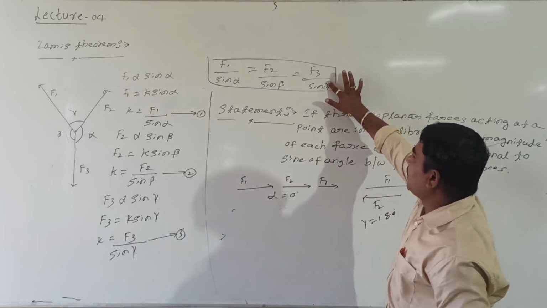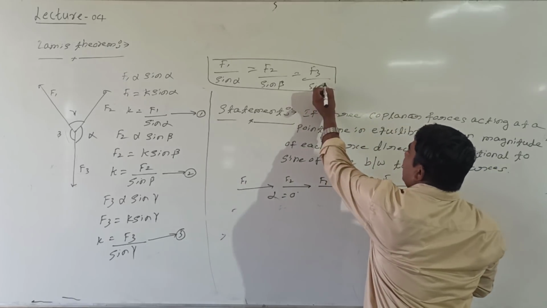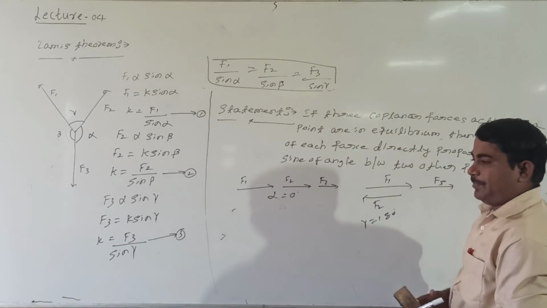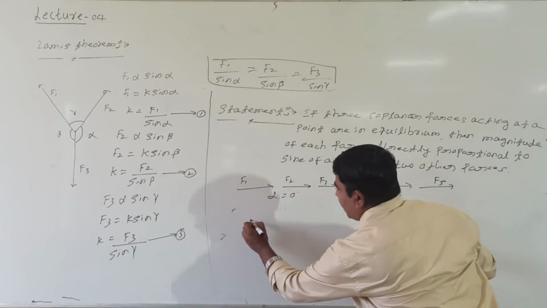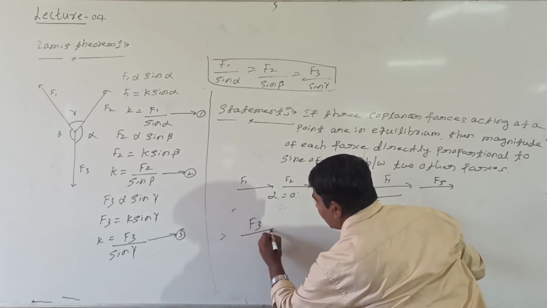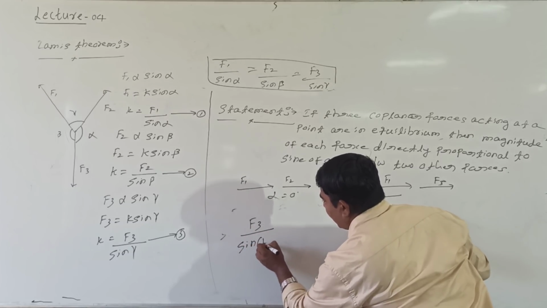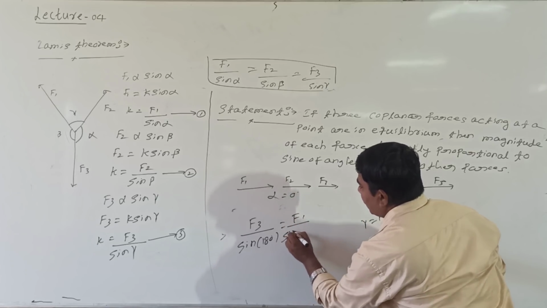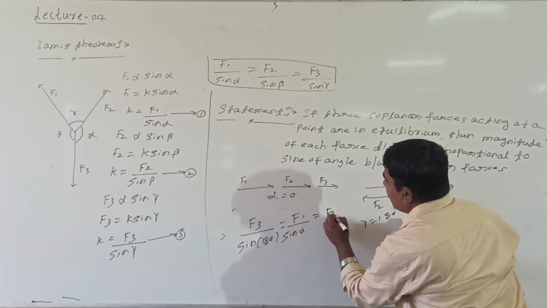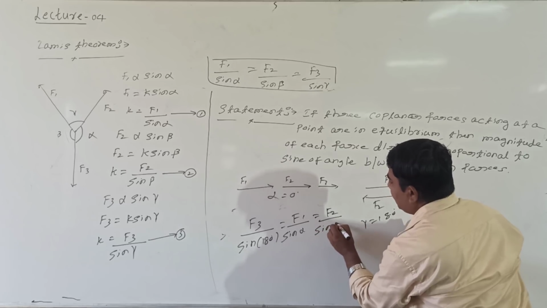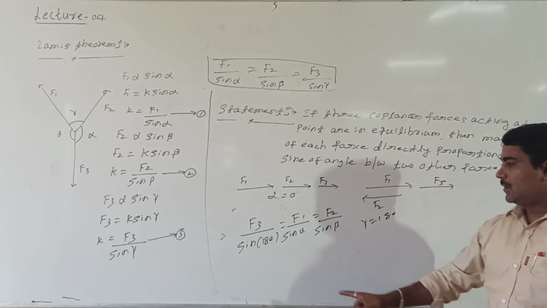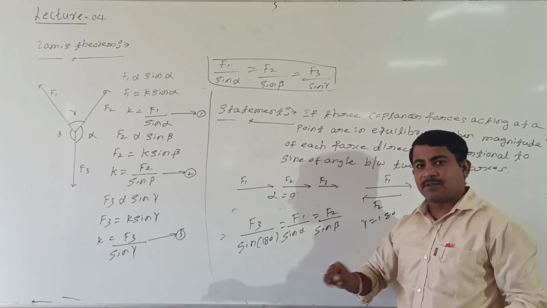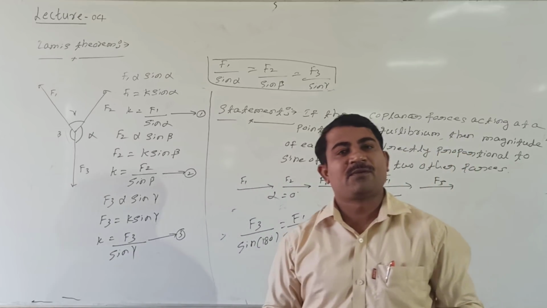Put here gamma equals 180 degrees. So F3 divided by sine gamma, gamma meaning 180. F1 divided by sine alpha equals F2 divided by sine beta. Right? Sine 180 is 0. Any value divided by 0 is infinity. Infinity into some value becomes 0 again.